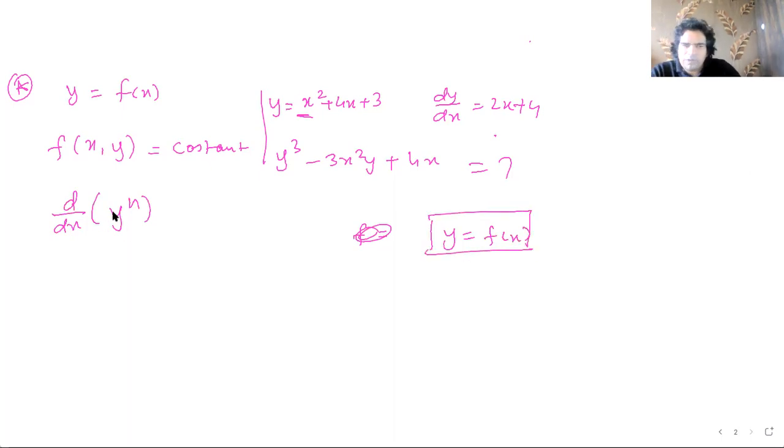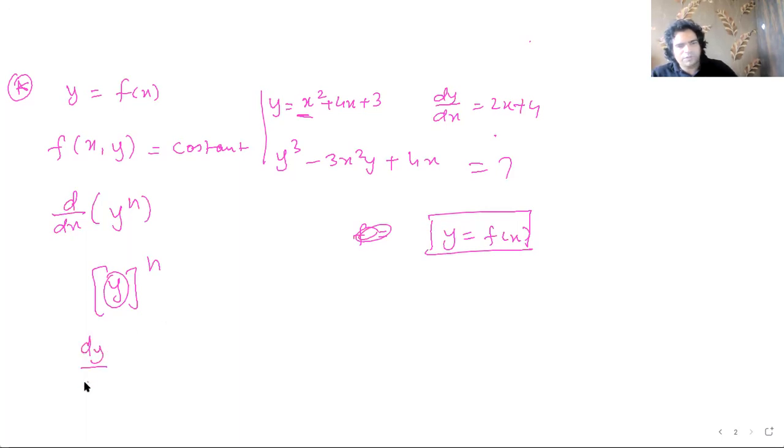But when you have a function in terms of y to the power n or something like that, just remember this step. What we do is we first differentiate this function. Once again, it's like chain rule. Consider this y as a child function, and the power n is the parent function. So first differentiate the parent function.